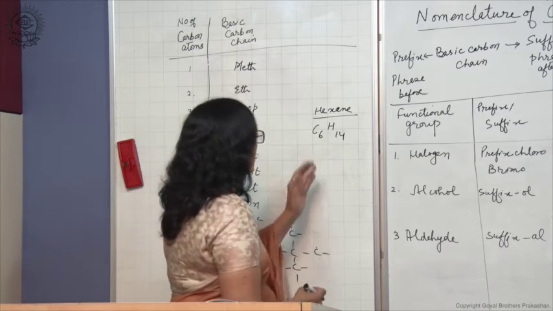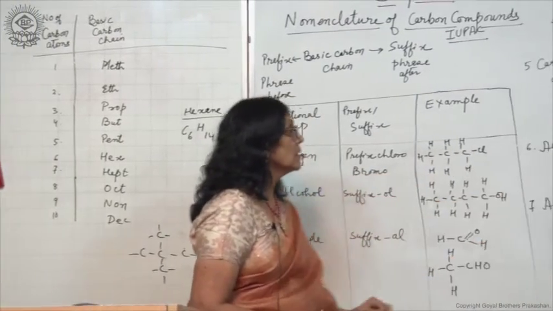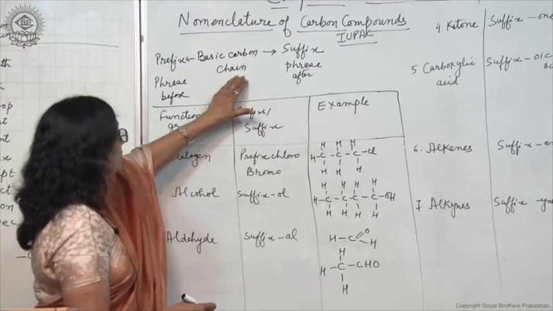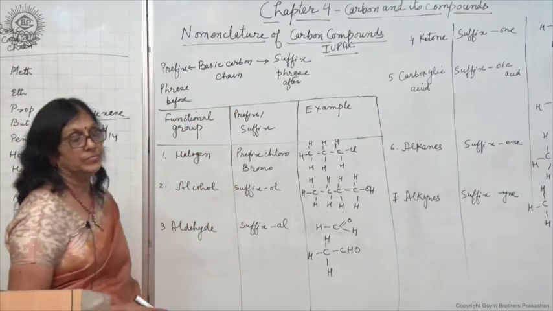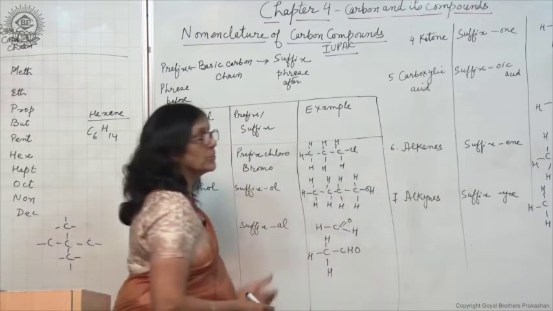Okay. In the alkene series, after this basic carbon chain, in the case of alkanes the suffix is written "ane"; in the case of alkenes, the suffix is "ene".